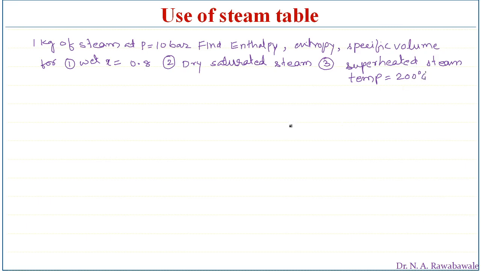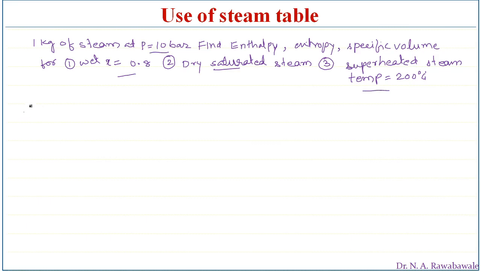This is the problem: to find enthalpy, entropy, specific volume for wet, dry saturated and superheated steam. So the pressure of steam is given to us, P equal to 10 bar.